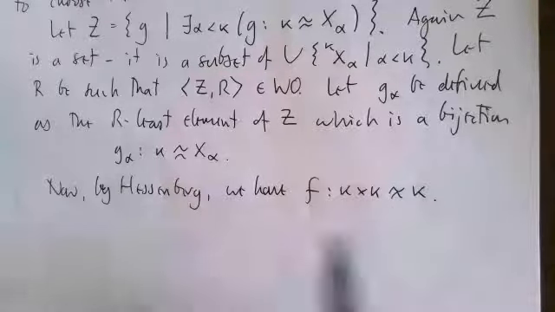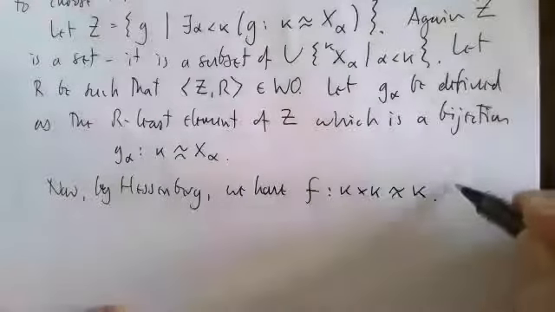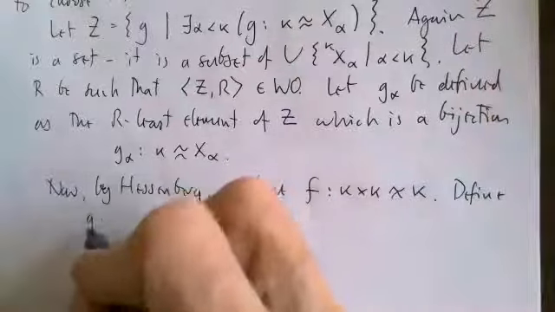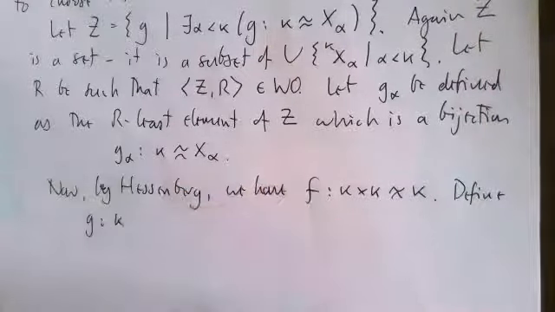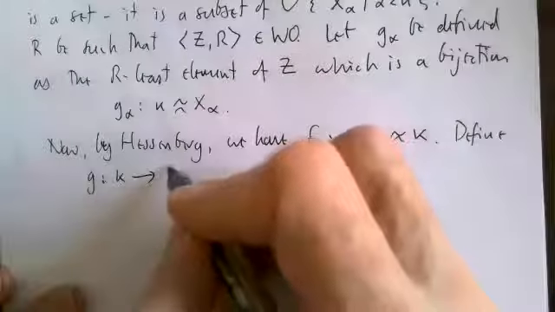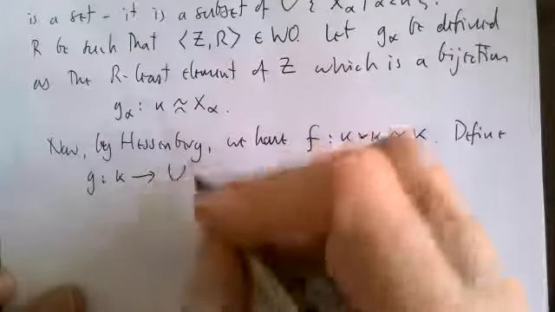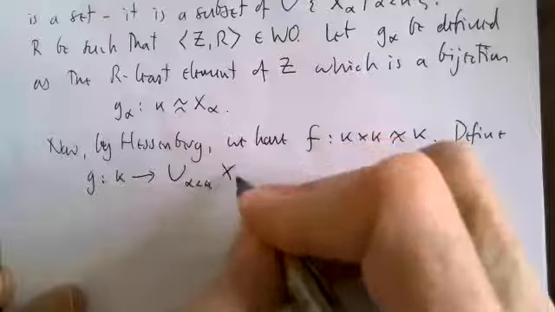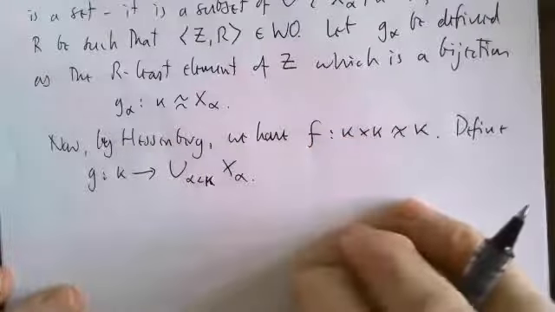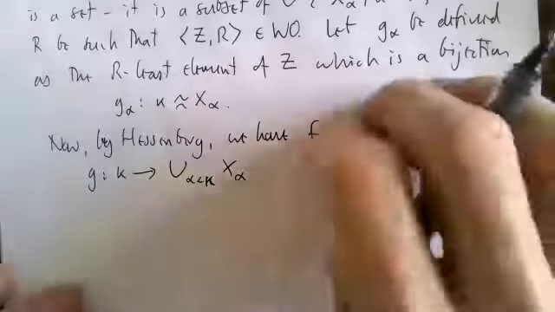So now we're stepping this up to kappa. So we'll now define a function G from kappa to this union of all the sets that we're interested in here.